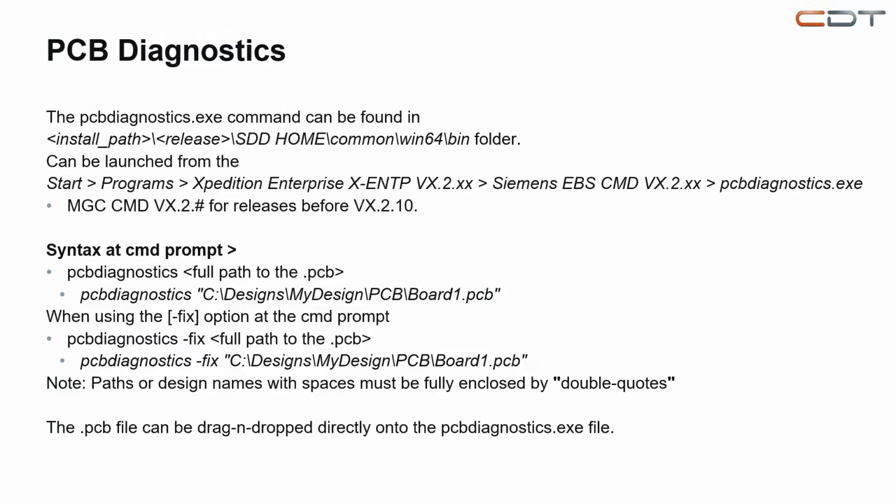There is also a fix option. Usage of it is also very straightforward. You just add pcbdiagnostics, space, minus fix, and the full path to your PCB file. Or you can just drag and drop your PCB file directly on the pcbdiagnostics exe file, so it will automatically execute the check on this PCB file.